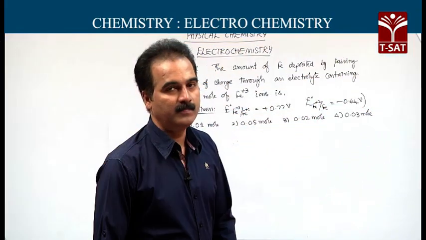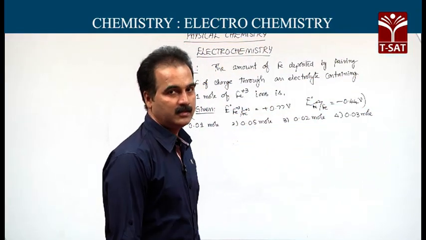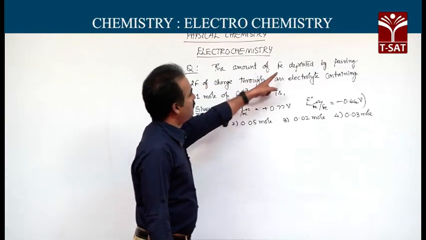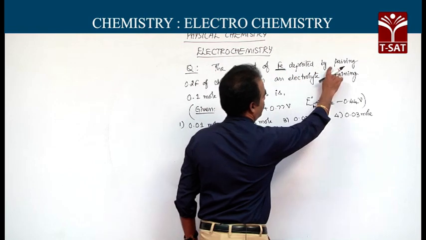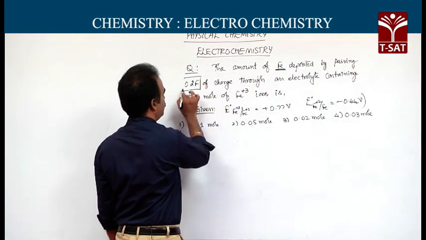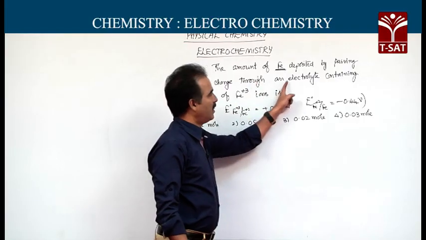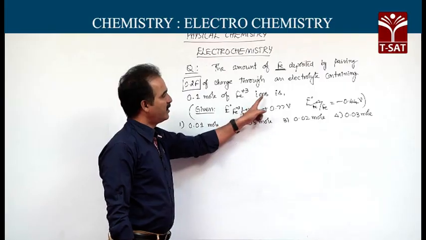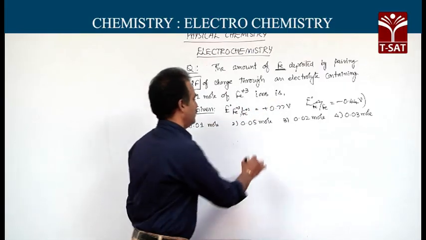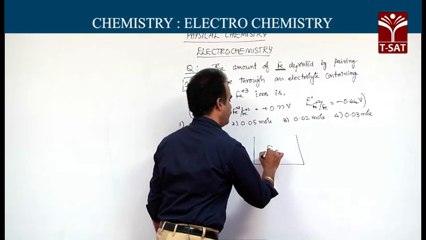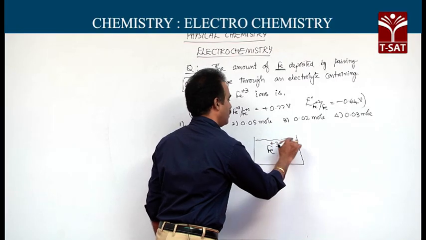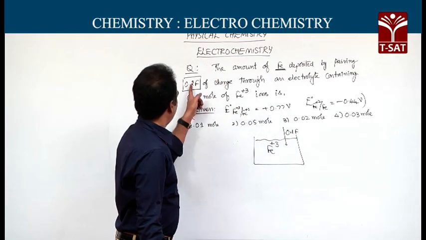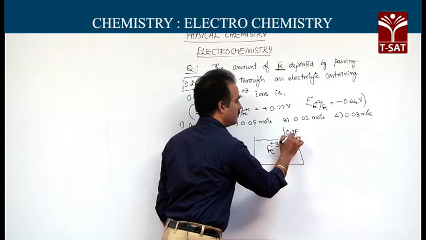We will do one more problem which is based on Faraday's laws, that is valencies. Here, the question is about the amount of iron deposited by passing 0.2 Faradays of charge through an electrolyte containing 0.1 mole of ferric ions. So, we have an electrolyte in which we have ferric ions, and through this we are sending 0.2 Faradays of charge.